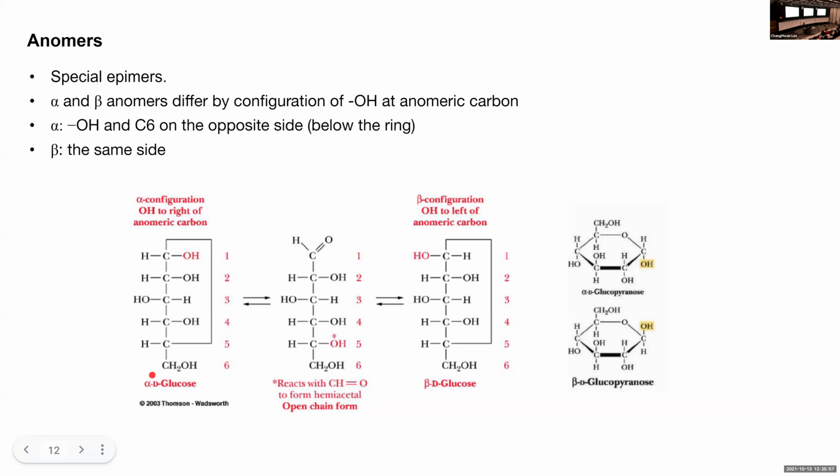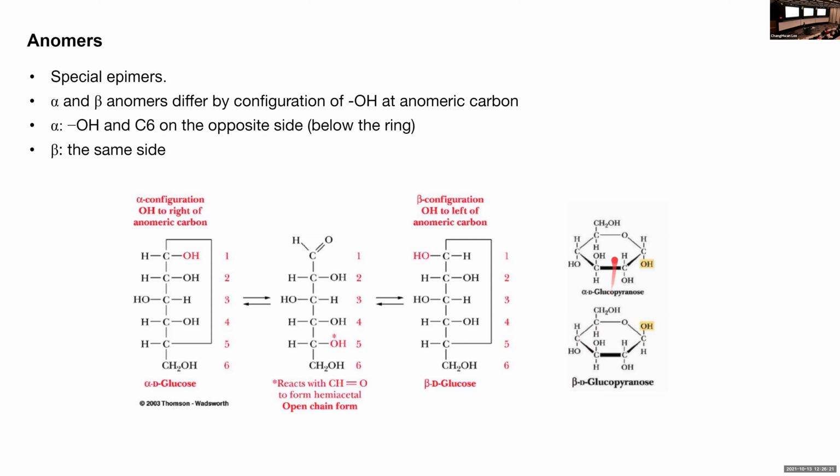Which is the exocyclic carbon. And we just look at the orientation of this exocyclic carbon and the hydroxyl group. If they're on the same side, it's the beta form.